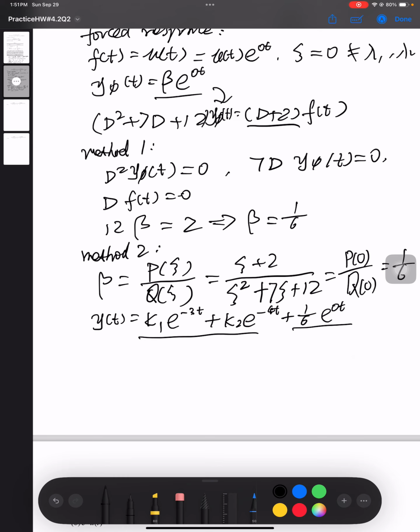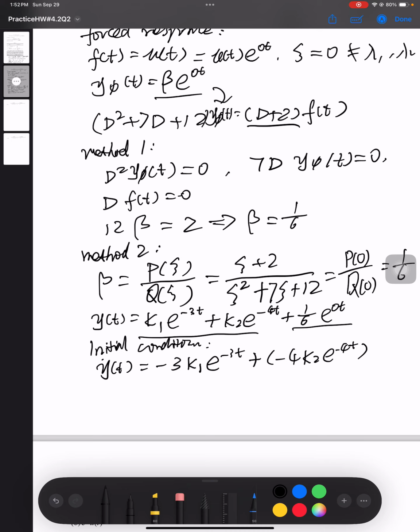After we got this, we can use the initial conditions. First, we need the derivative of y(t), so we first calculate minus 3 k1 e^(-3t) plus minus 4 k2 e^(-4t).